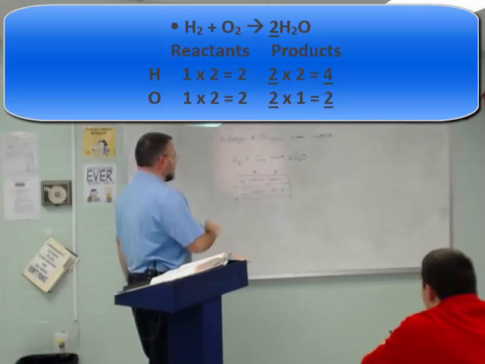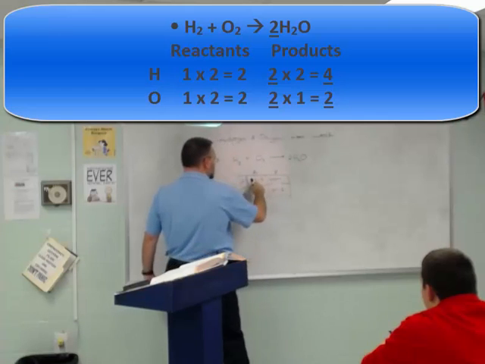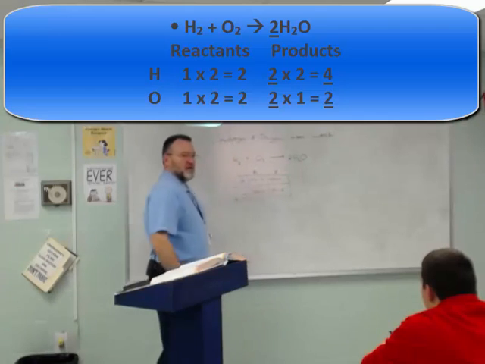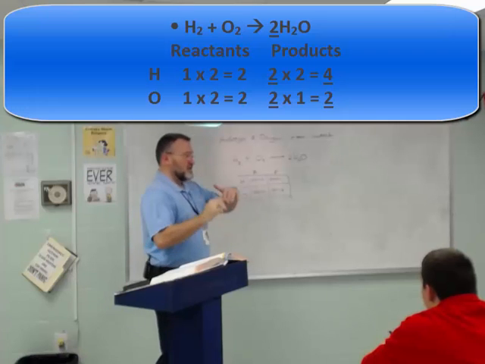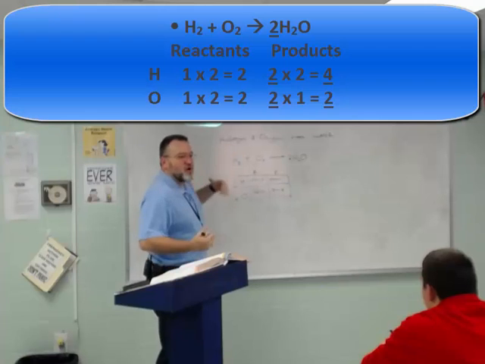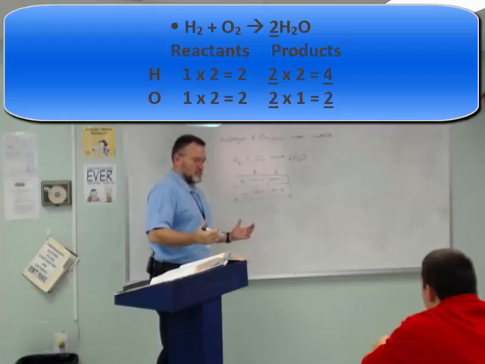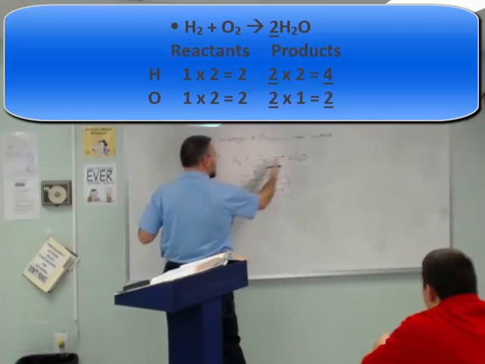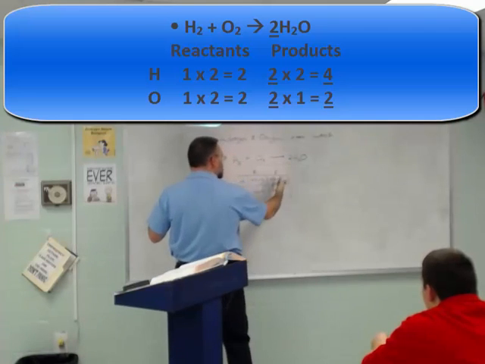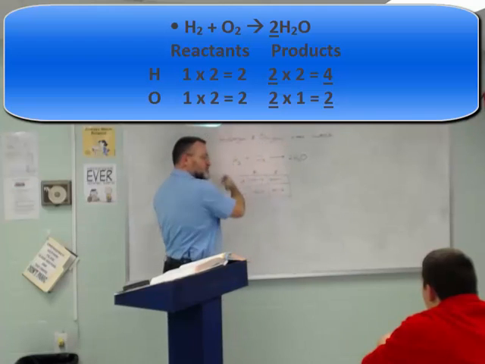But now I have a greater amount in the product side, and I need to up my reactant side to balance my hydrogens. And just as I said in the last example, this is sweet because looking over here, my hydrogen that I need to adjust is all by itself. So when I adjust it, it's not going to mess anything else up, right? So I look across to this side and say, okay, I have 4 hydrogens here. I want to have 4 hydrogens on my reactant side as well.